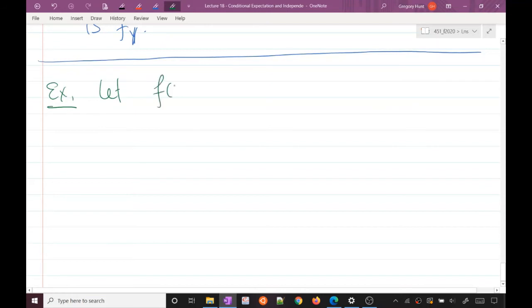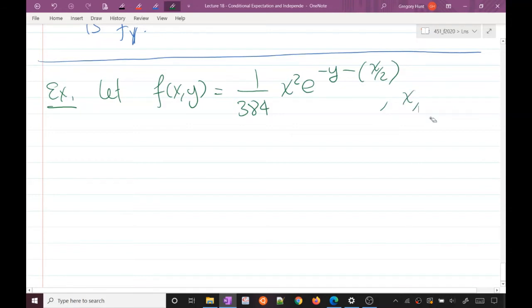Well, let's assume I give you my joint PDF as 1 over 384 x squared e to the negative y minus x squared over 2. That's all in the exponent, and x is bigger than 0 and y is bigger than 0.